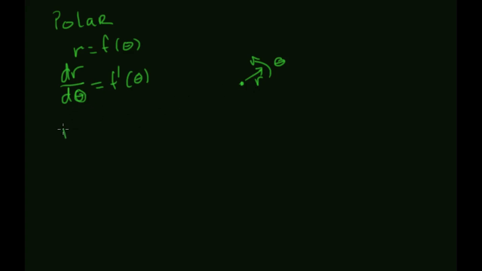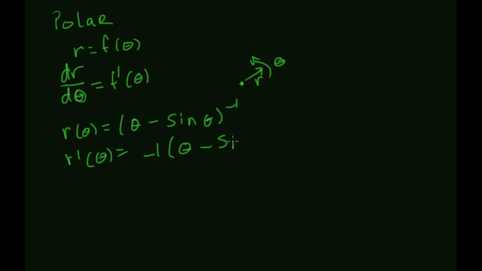So if I have r of theta equals theta minus sine theta to the -1, then r prime of theta is going to give me -1 times theta minus sine theta to the -2, times the derivative of the inside, which is 1 minus cosine theta.